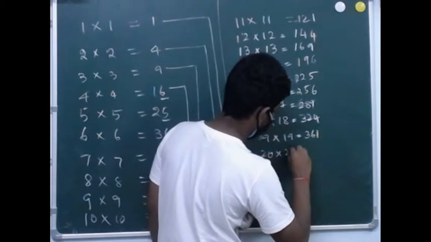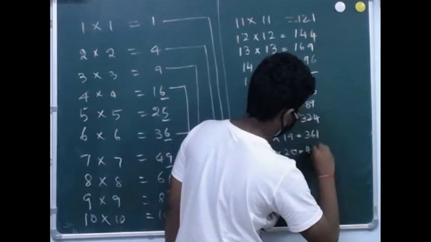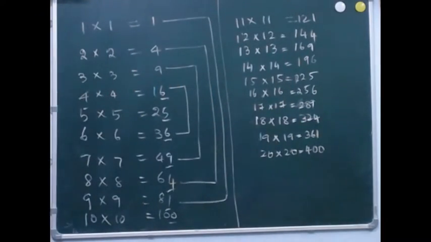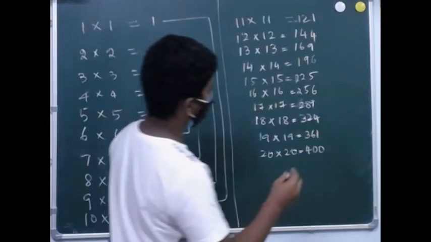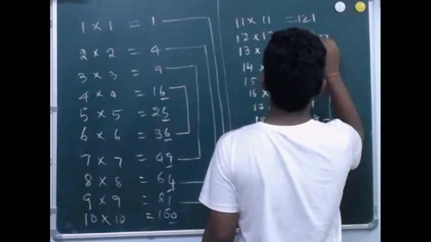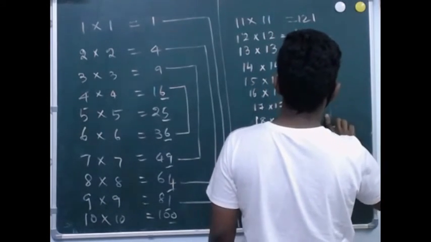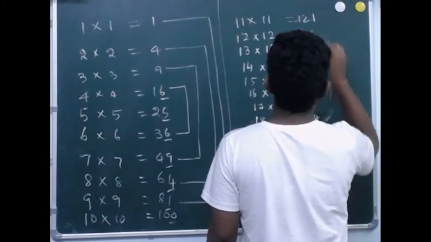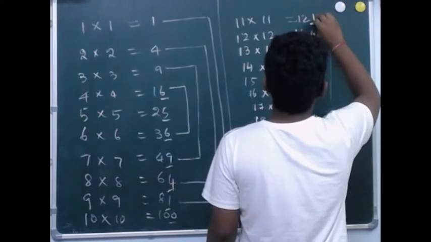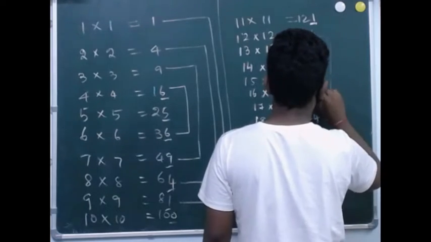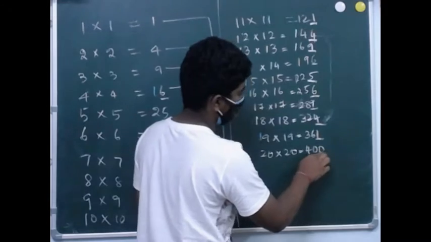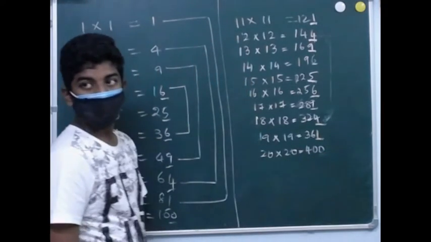Got it? Now, can you develop the pattern? Underline the unit digits. You just look at all these unit digits. You can have the same replica, same numbers.